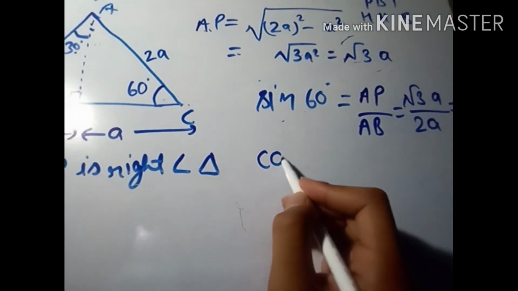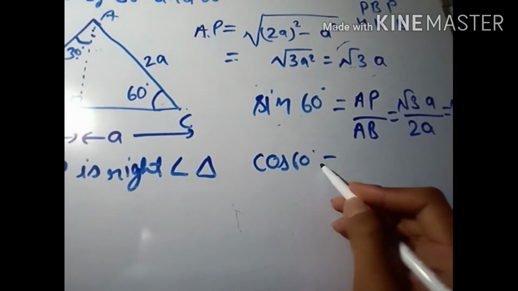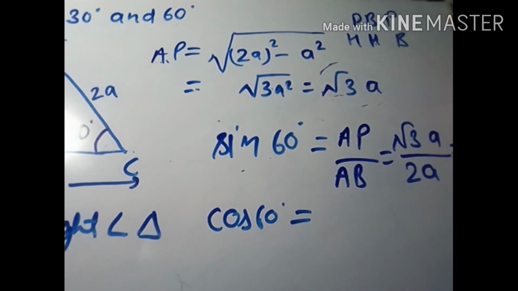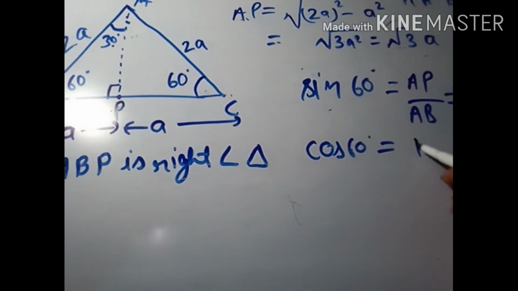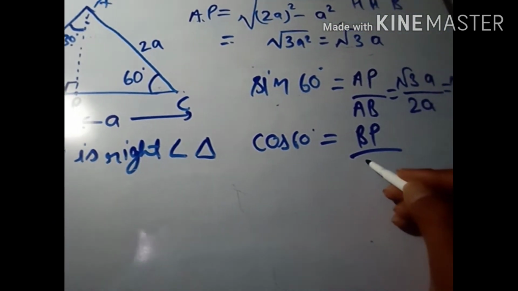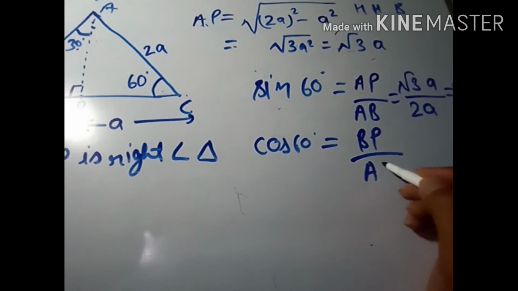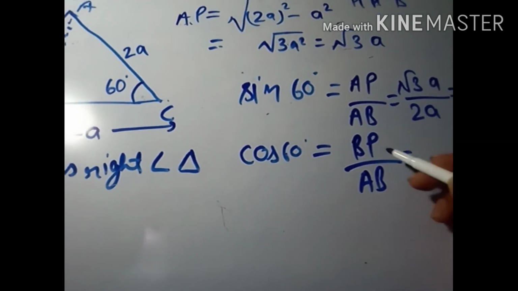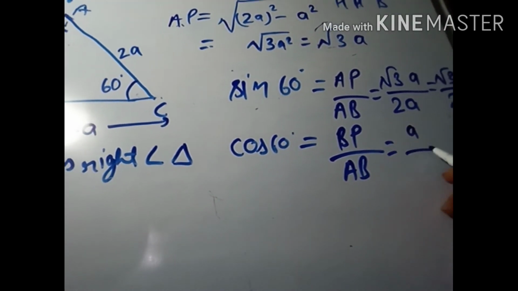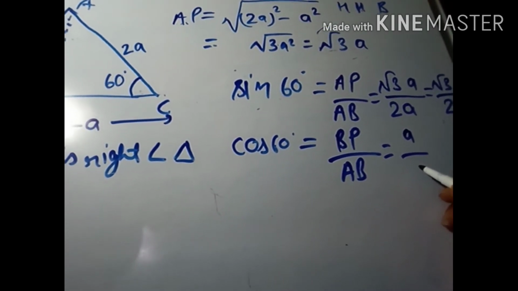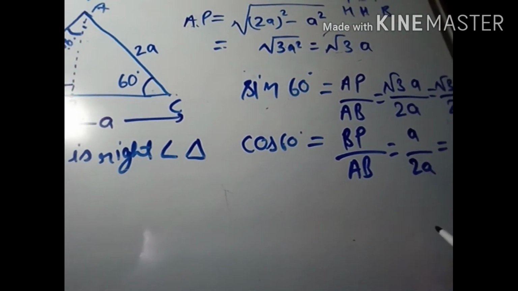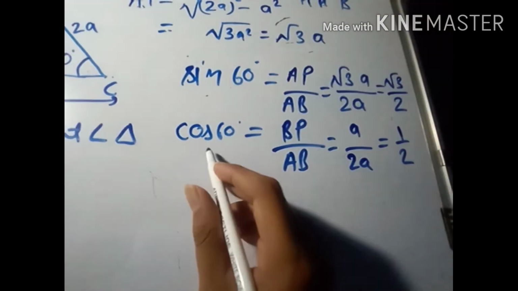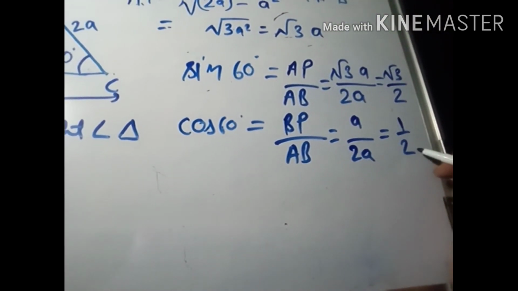Move to next, cos 60 degree. Cos 60 degree is base upon hypotenuse. BP is the base, BP upon hypotenuse, AB is the hypotenuse. So BP is equal to a and AB is equal to how much? 2a. Yes, so it becomes 1 by 2, meaning cos 60 degree is equal to 1 by 2.